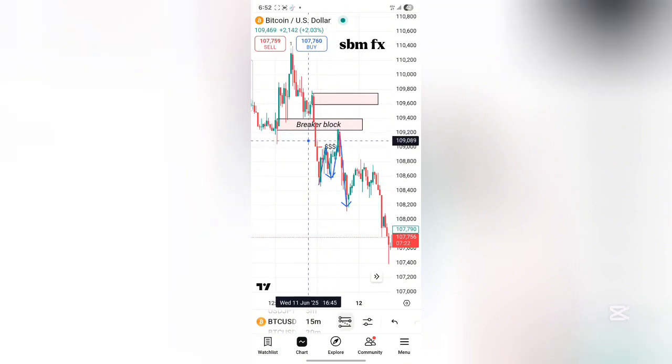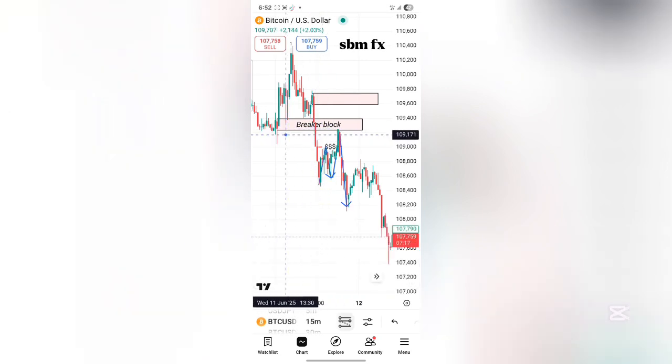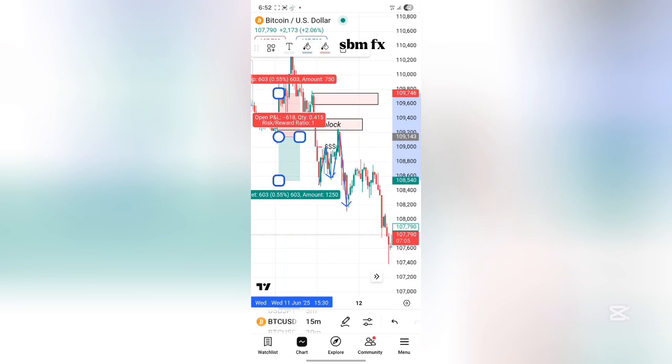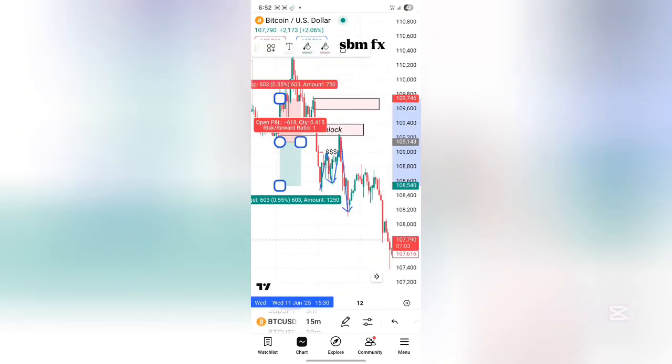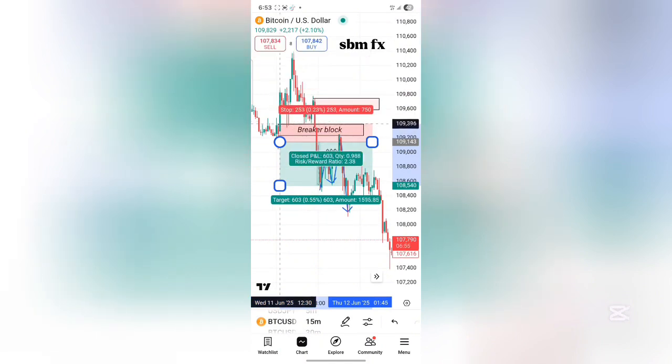But for this strategy, where you should be expecting to enter from is, if the order block has a weak candle like this, your entry point should be at least 50% of that weak candle, so that you will not miss out, because most times price might not get to the body of that red candle.